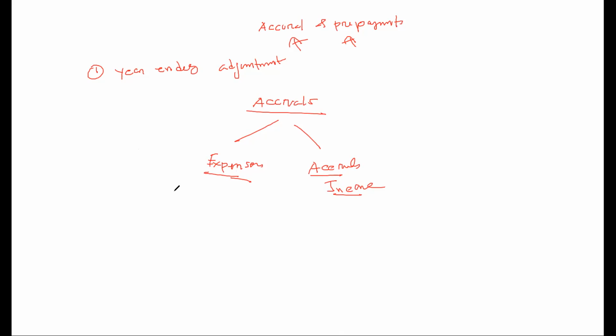Let's say I used the services for the month of January, but I made the payment in February. So basically, the expense was already incurred in January, but I did not make the payment until February.